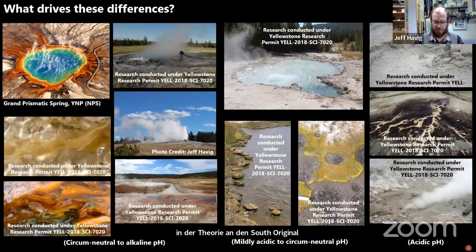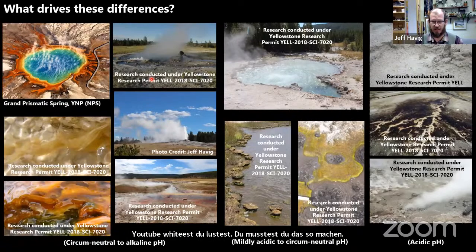So, the reality of a hydrothermal system is there's a lot of different things. Of course, Grand Prismatic, but we have eruptive, pulsing, circumneutral to alkaline springs. We have continuously flowing springs that can have chemotrophic to phototrophic microbial communities in them.